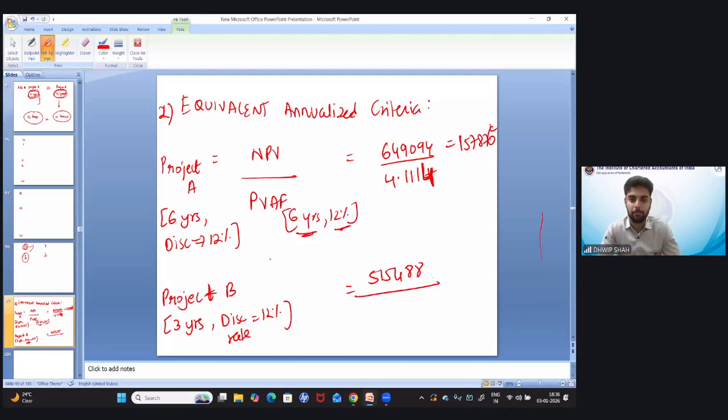Now find the PVAF factor of 12% for 3 years. Don't take 4.1114, this is for 6 years. It is 2.4018. So how much is the equivalent annualized amount for project B?